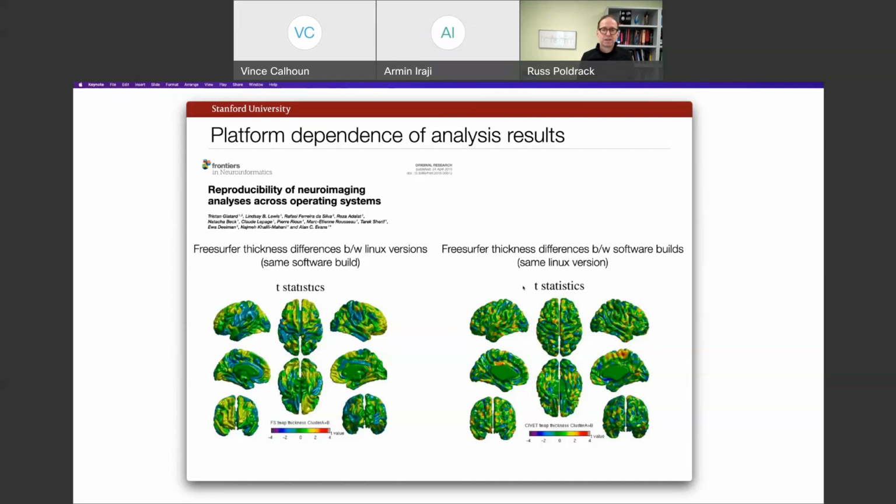And similarly, same Linux version, different software builds, you can get appreciable differences in cortical thickness estimates. So clearly, being able to run the same analysis on the same platform is really important.